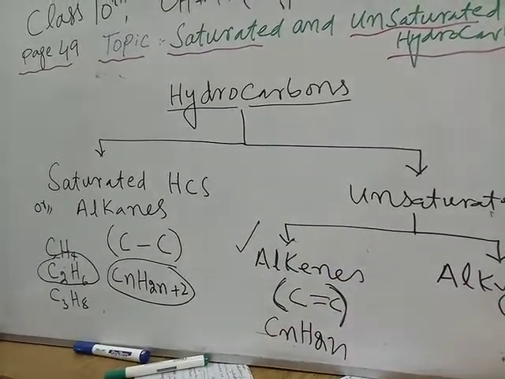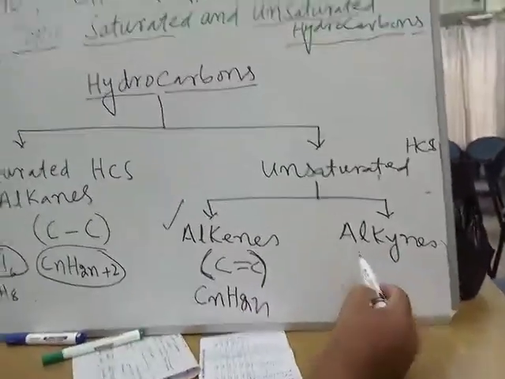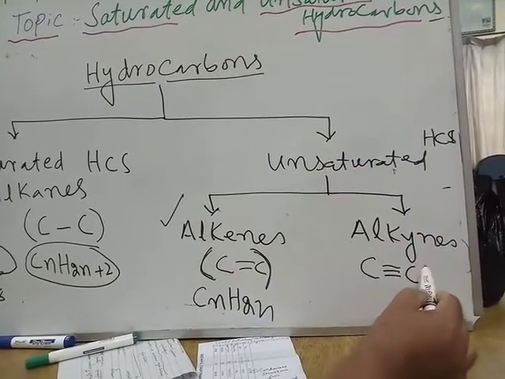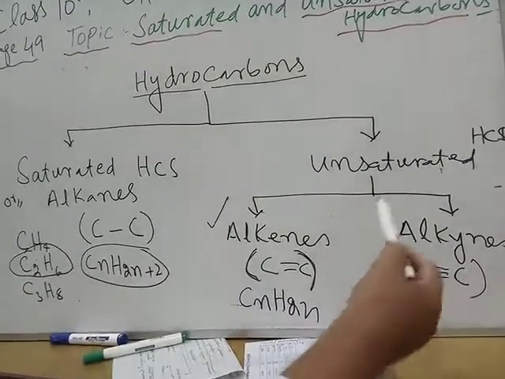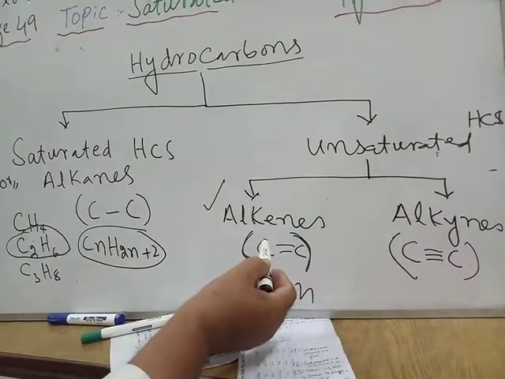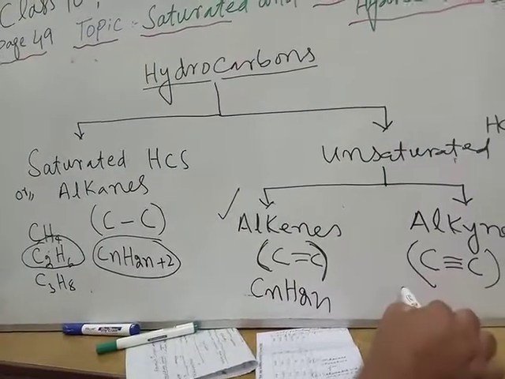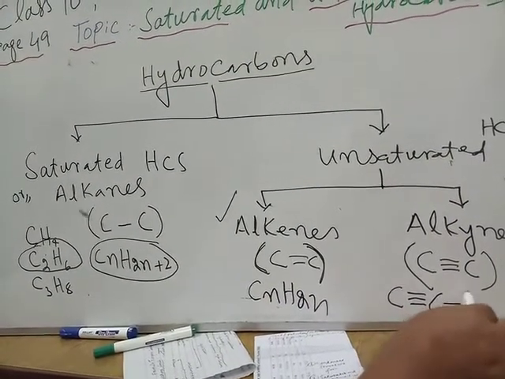Another type of unsaturated hydrocarbon is alkynes. Alkynes have at least one carbon-carbon triple bond in their molecules. The example of alkenes is ethene, which I discussed earlier. The example of alkynes is ethyne.